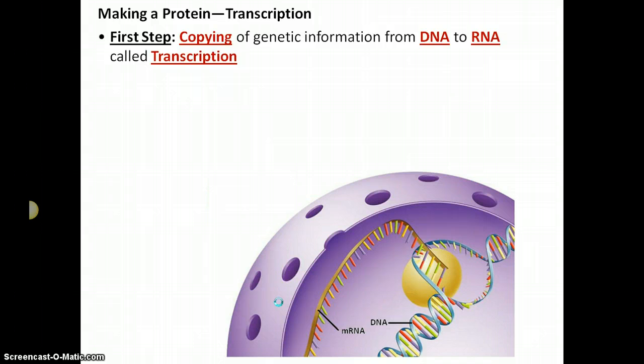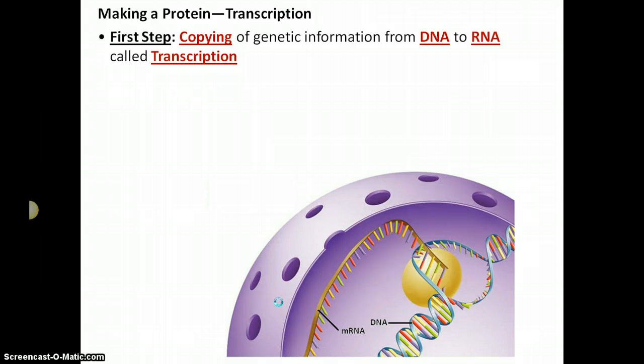So instead of taking that original copy of the recipe that they've had for like 100 years, they have to make copies and send it out to the other people in their restaurants. So the first step to making a protein is the copying of that genetic information, because we can't take the original out of the nucleus. Just like Colonel Sanders doesn't want his original recipe to leave his office. So he's not going to send out the original copy. He's going to send out copies.